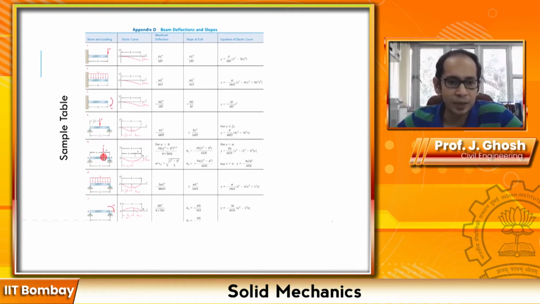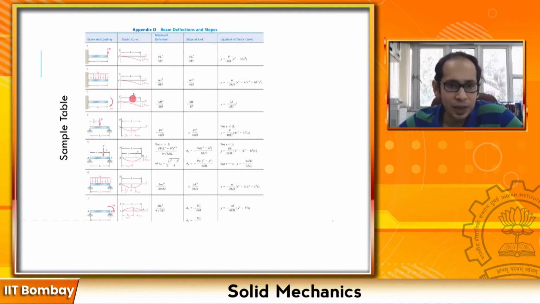Over here, at a certain distance, it gives you the elastic curve, how it looks, right? It gives you where the maximum deflection occurs. It gives you the slopes at the ends, that is theta A and theta B. It also gives you the equation of the elastic curve. For example, for x less than a, it tells you the expression for the equation of the elastic curve.